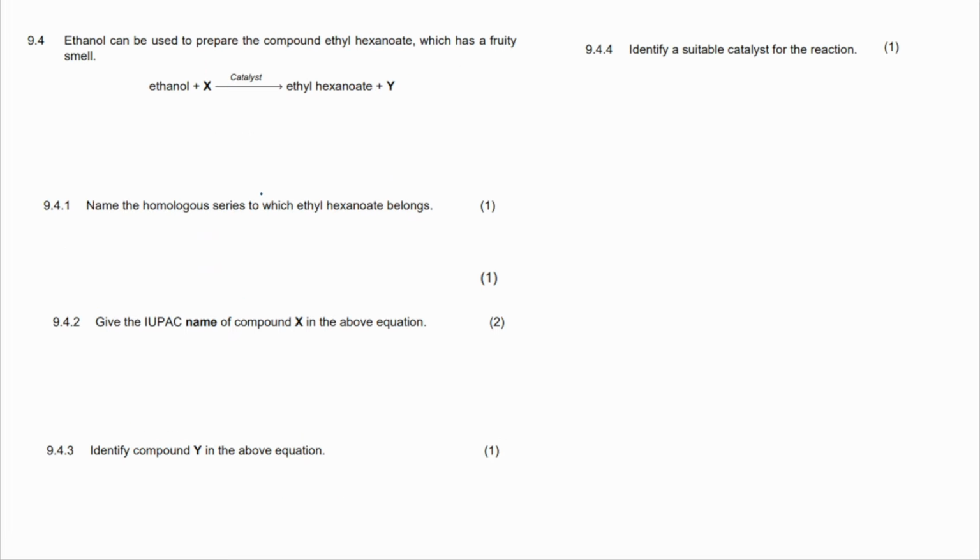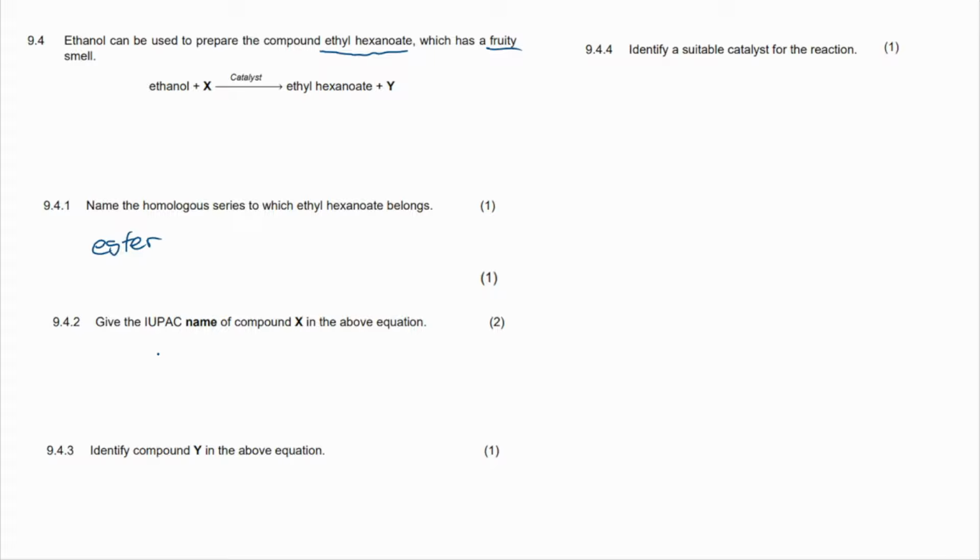Anyways, here, ethanol can be used to prepare the compound ethyl hexanoate. What is that thing? It smells fruity. All right, so it's an ester. Esters have those aromatic smells. So name the homologous series to which ethyl hexanoate belongs. It is an ester. That is the homologous series.